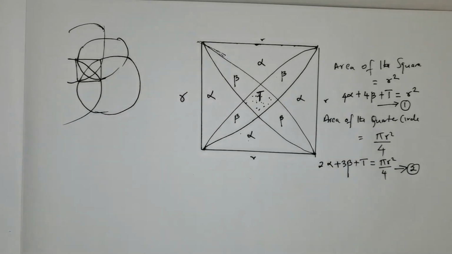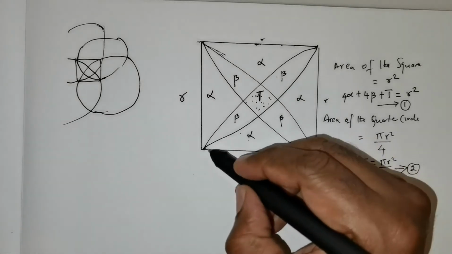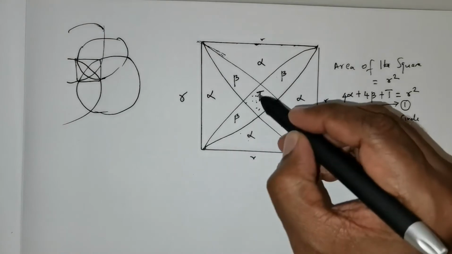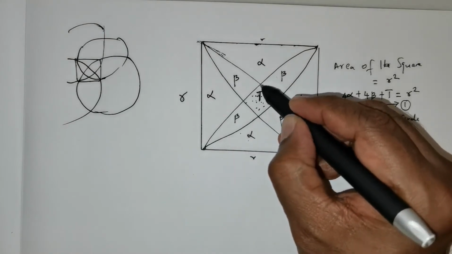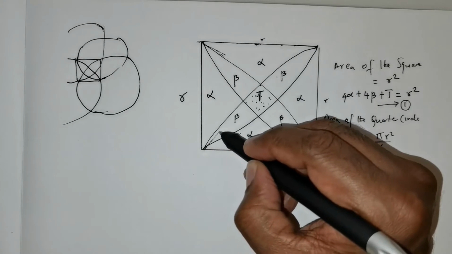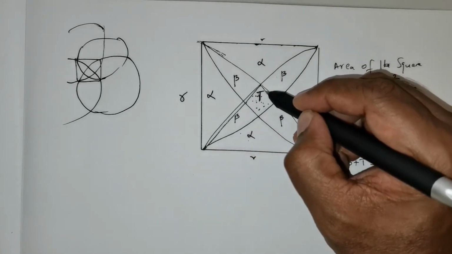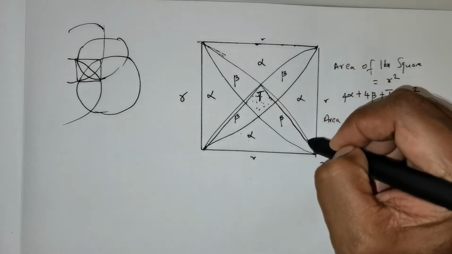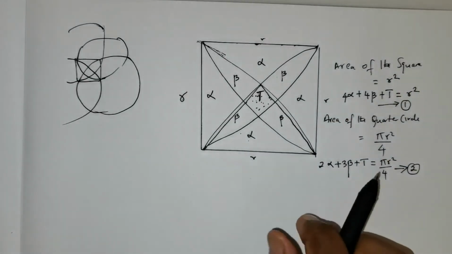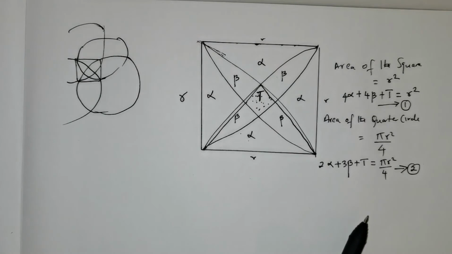Next, what I'm going to be doing is that I would be connecting this vertex to this point. So let me try to do that. And similarly, I will be connecting this vertex to this point.